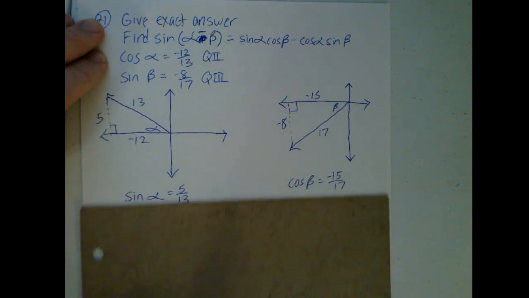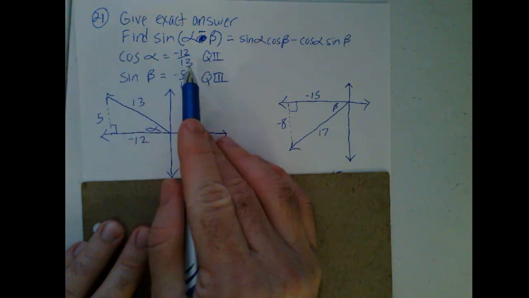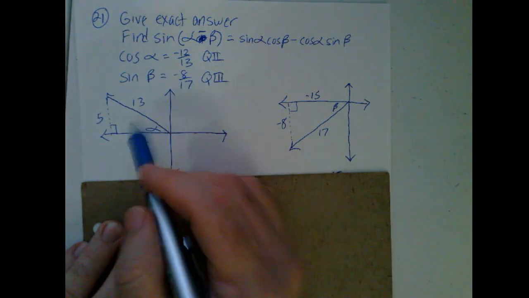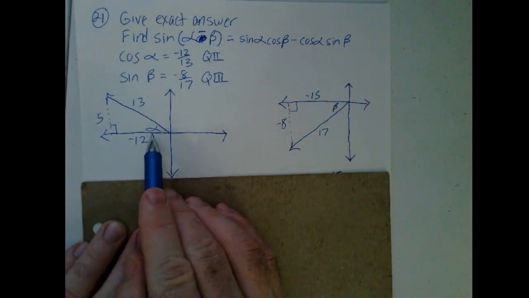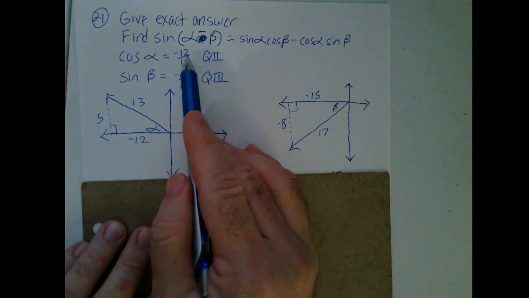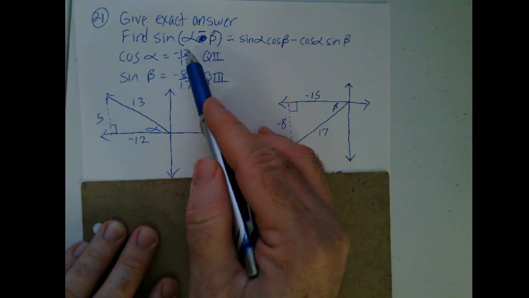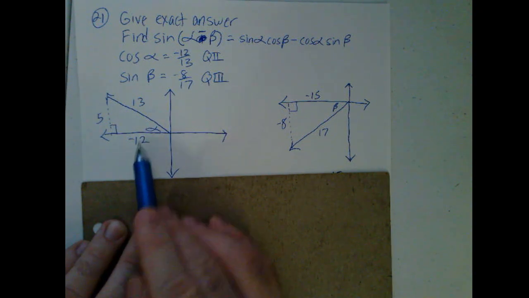Alright, so what we're going to do here is for cosine of theta with quadrant 2, we're going to draw this angle here in quadrant 2, label it theta, and then identify the adjacent over hypotenuse legs. This is the adjacent leg, so it gets negative 12.